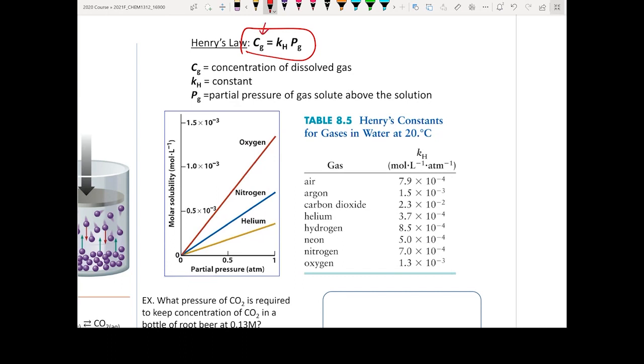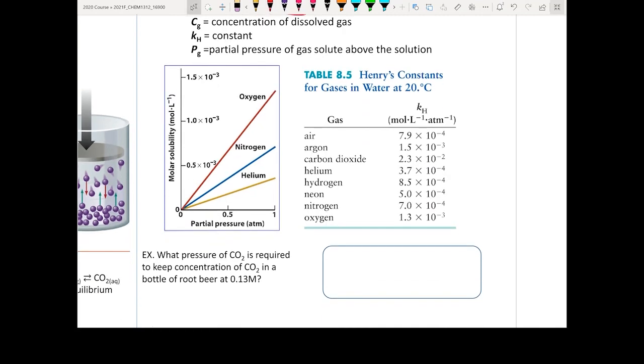C is the solubility of your gas, K is the Henry's constant, and P is the pressure that you provide, the external pressure on the solution. So it follows a linear relationship. From your textbook, you can find the Henry's constants for all different gases. If you're going to be tested on this concept, most likely this will be provided.